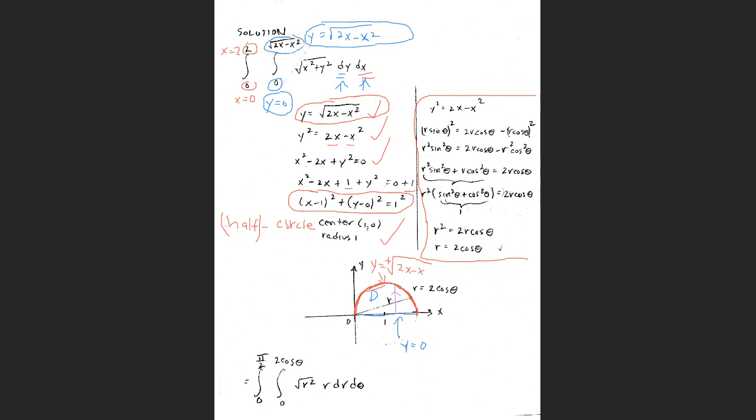If you graph the square root of 2x minus x squared on your calculator, try it, class.